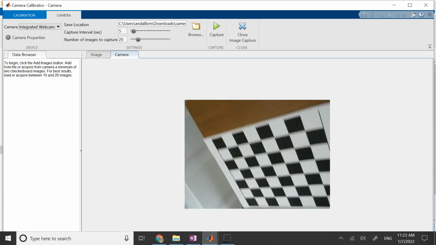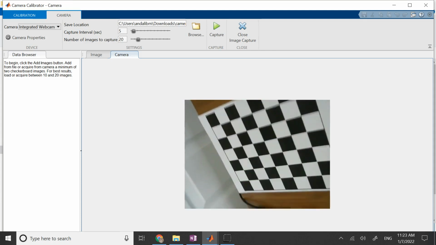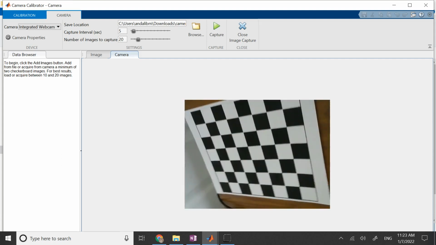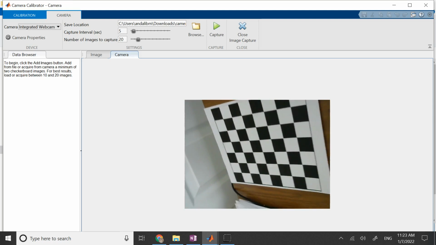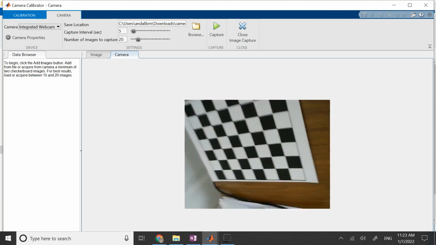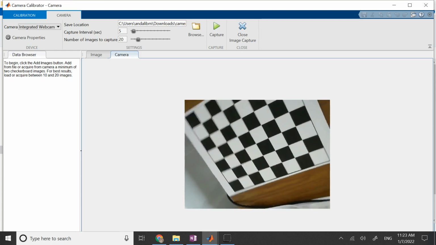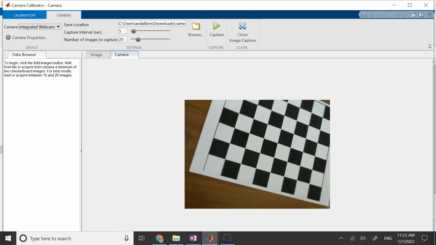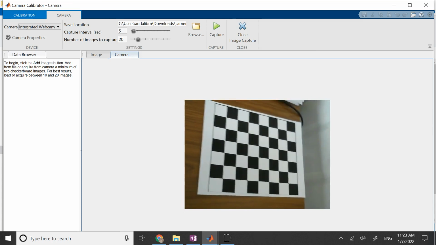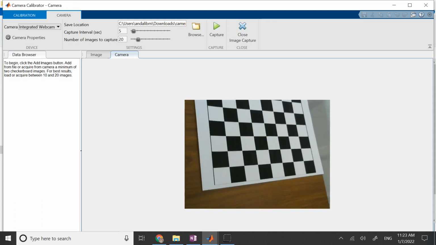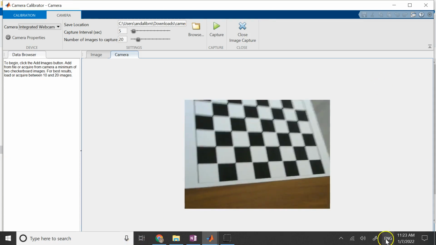And now, as I said, I'll try to make sure that the only part that is in the image is the chessboard, okay? But I keep rotating, I keep moving it in all sorts of different orientations, positions, and so on. Let me see. And this direction is better. And then if any of them is not useful, MATLAB is going to tell me that, hey, you need to recapture.